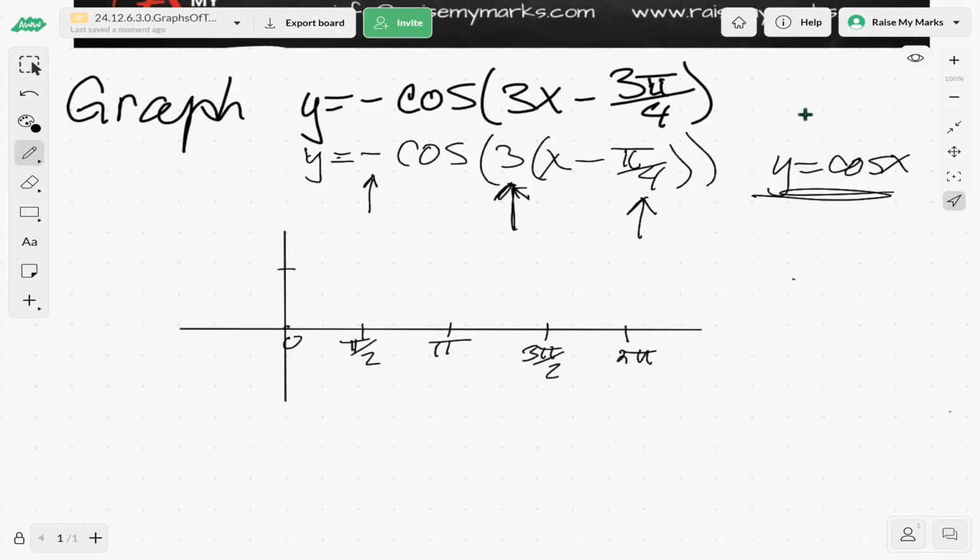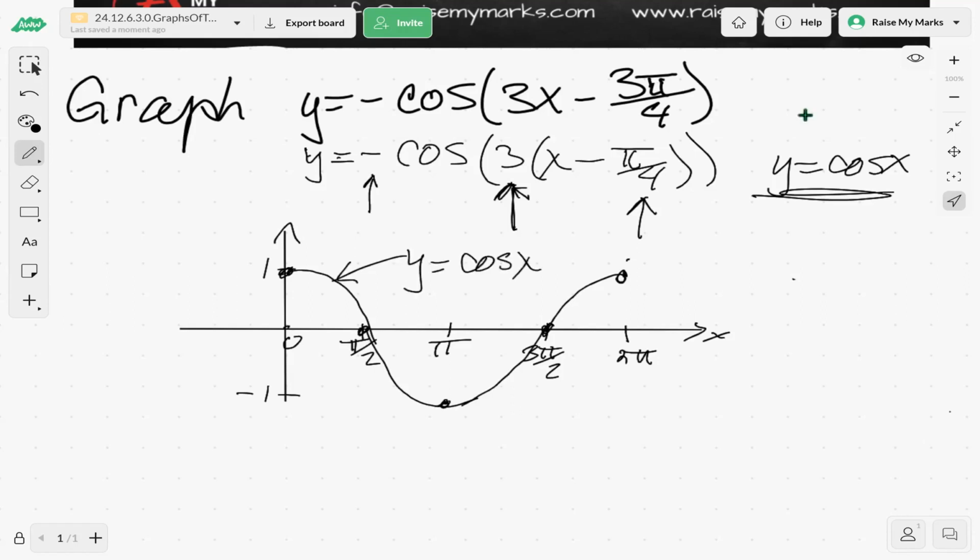And what's the amplitude of cos x? It's 1. So when x equals 0, cosine is 1. When x is pi over 2, cosine is 0. At pi, it's -1. At 3 pi over 2, it's 0 again, and then back to 1 at 2 pi. Then we can join the dots with a nice curve, and that's what our cosine function looks like. So this is our parent function, the function we have to perform these 3 transformations on.